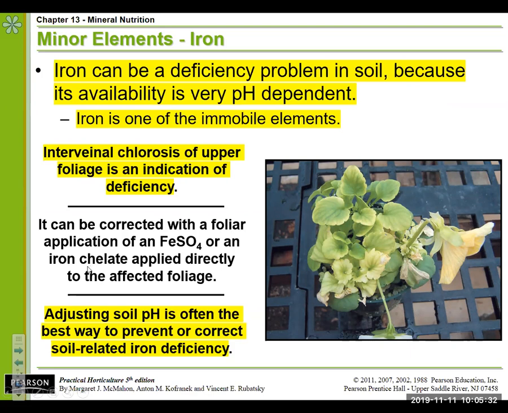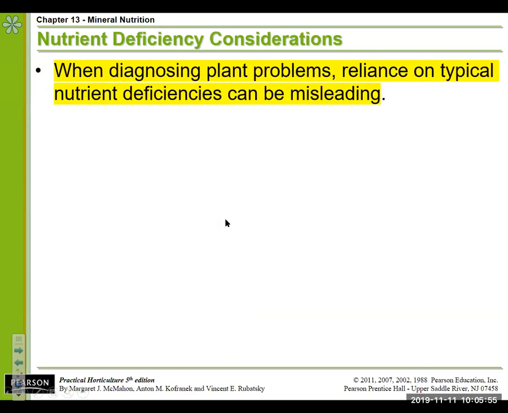That's basically a form of the iron that's been chemically altered, just as a way to get it into the leaves. Often the best way to correct soil pH issues with iron is just to change the pH in order to make it more available, because it's often there, it just might not be available enough.